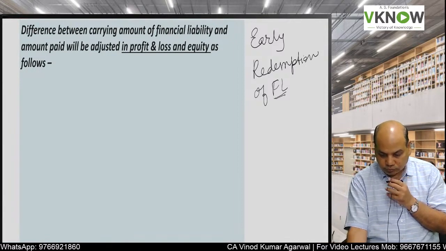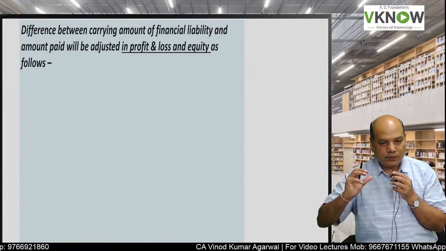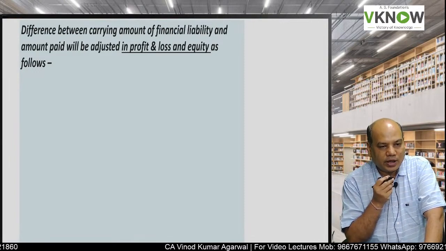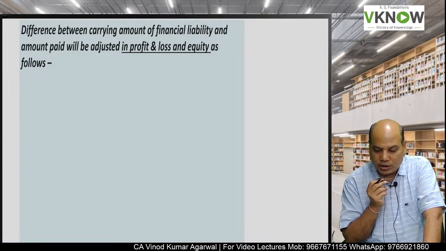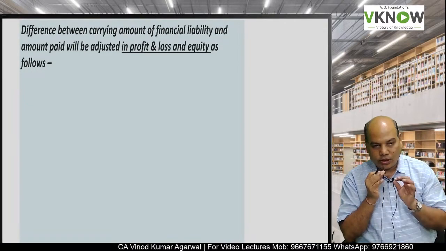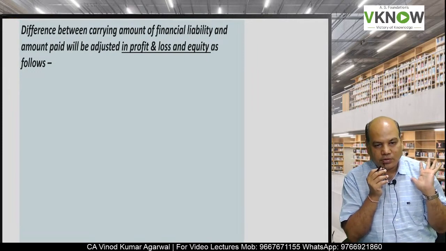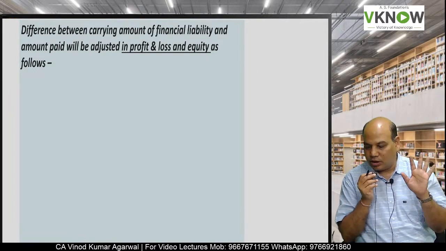Now the question is, if it is a compound instrument where the company decided to redeem it before the due date, how much amount will be adjusted in P&L account and how much amount will be adjusted in equity?